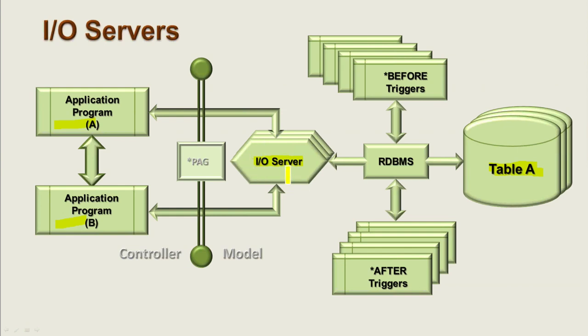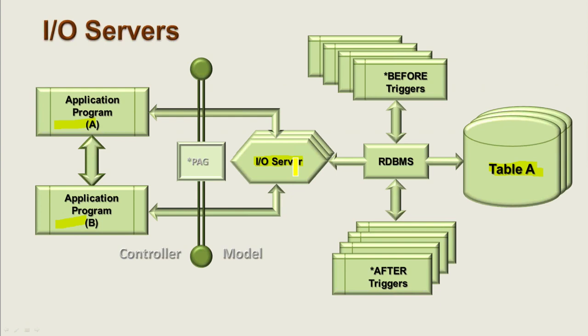I will show you clear examples of how this sort of thing works. I'm just trying to give you an overview of the picture. So, common code that relates to the input-output services for a particular table can be written into an I/O server. A simple example would be a customer number.